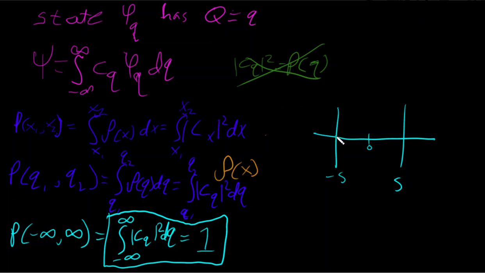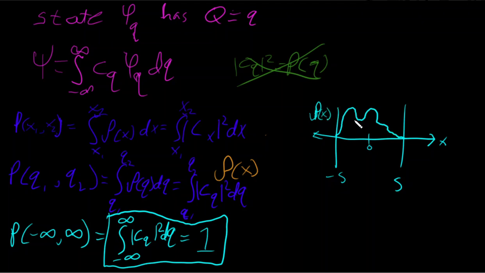Well, if the particle can only be between negative 5 and 5, and we'll actually see in section 4, we're going to derive an equation involving this kind of situation, its probability density may look something like this, given this is the x-axis. But this would work for any observable. This could be momentum, anything. Say its position can be somewhere between negative 5 and 5, or alternatively, its momentum can be between negative 5 and 5, and this would be rho of p.